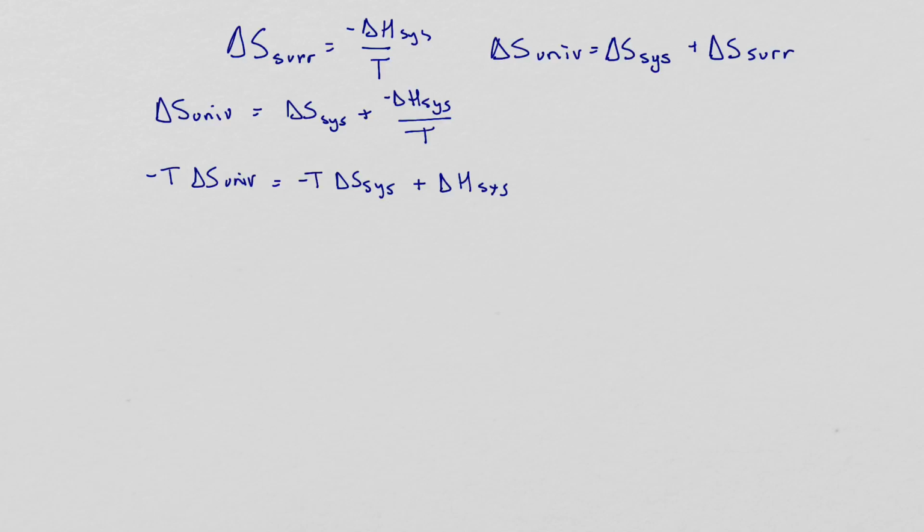And we'll clean this up a little bit and just rewrite it as negative T delta S of the universe equals delta H of the system minus T delta S of the system.